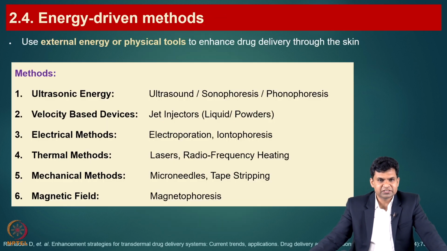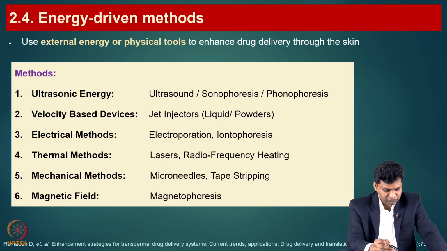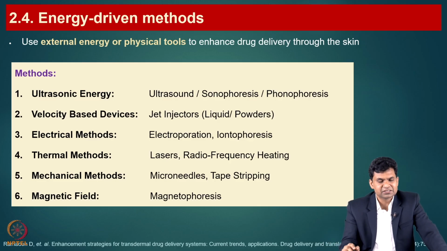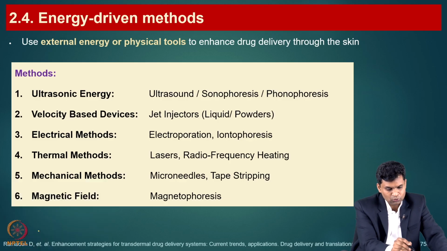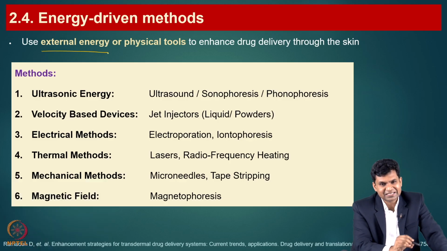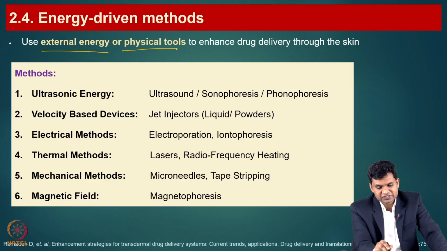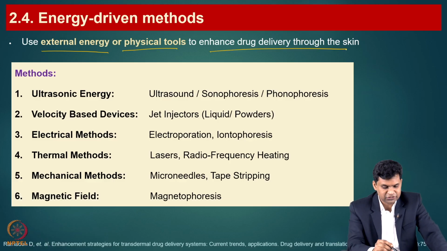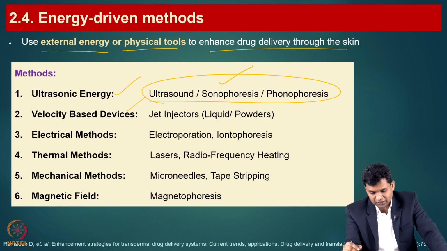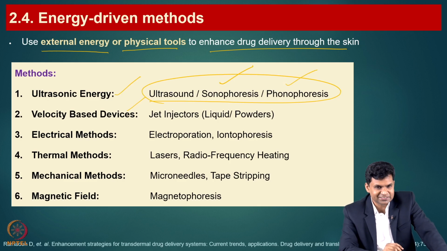And the fourth one is the energy driven methods. Here we have many techniques. The main focus is to apply external energy or some physical instrument or tool to enhance drug permeation. Here we have ultrasonic energy, also known as sonophoresis or phonophoresis.